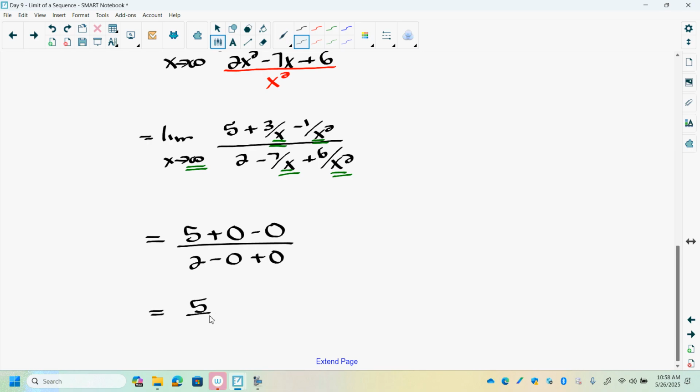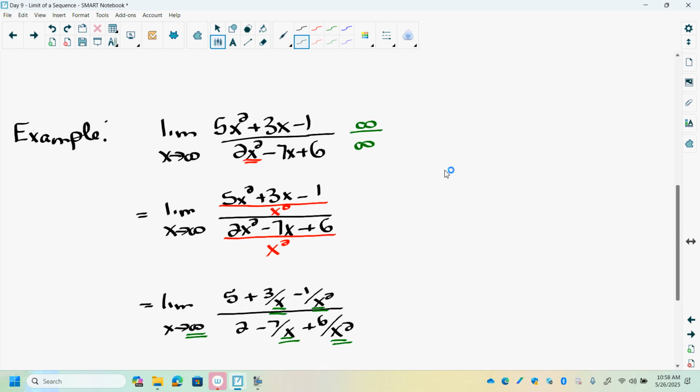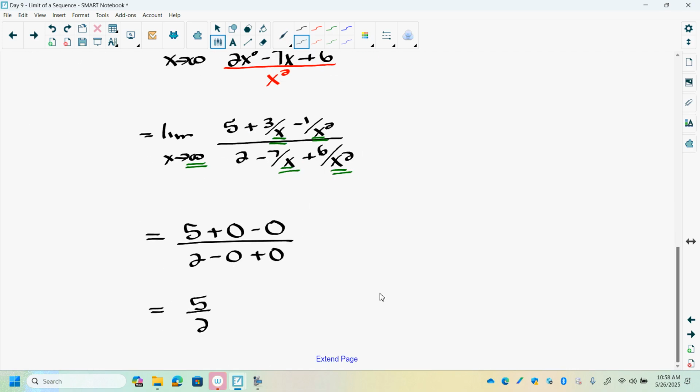I end up with 5 over 2. The limit as x approaches infinity of this function would be 5 over 2. And when we were talking functions, that would mean the further right I move, the closer I would come to a height of 5 over 2, or 2.5.